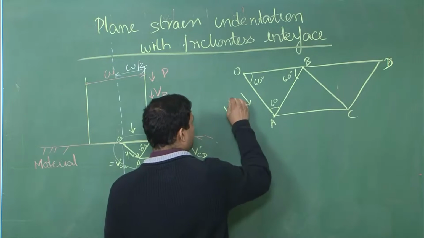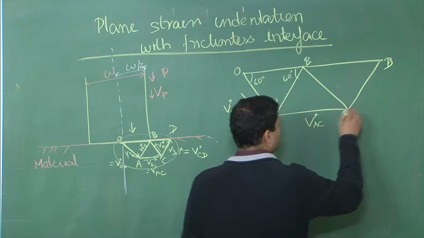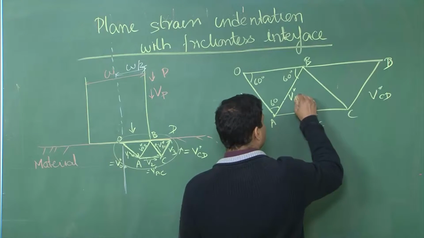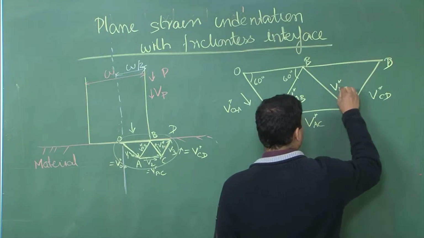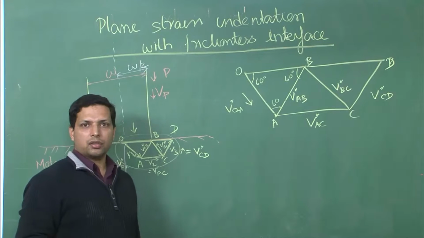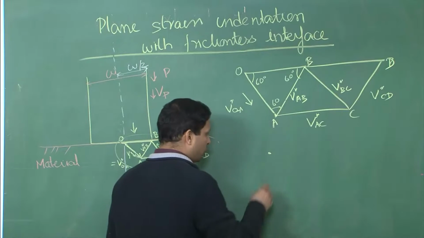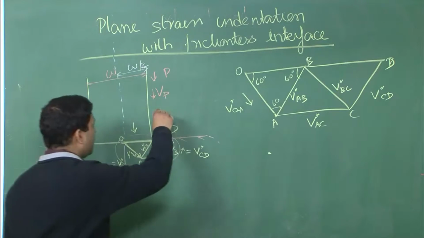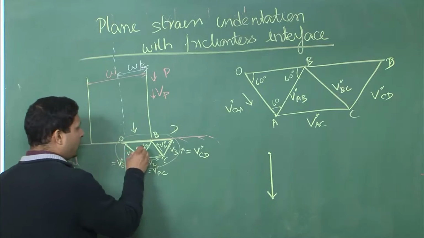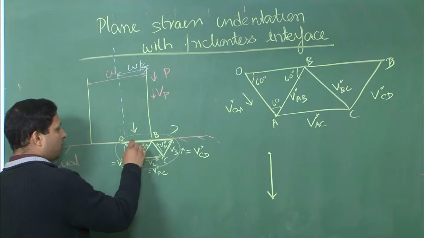Now, what is the other implication when we say that it is an equilateral triangle? So, we had V star OA, V star AC, what this means is that all the velocities must be at 60 degree angle to each other. So, let us first draw our origin. From the origin, the material is moving like this, Vp, and from Vp there is a change in the velocity when we go from Vp to V1.